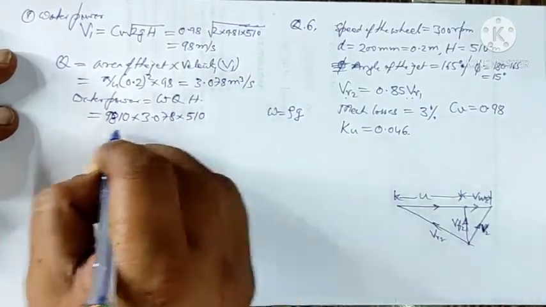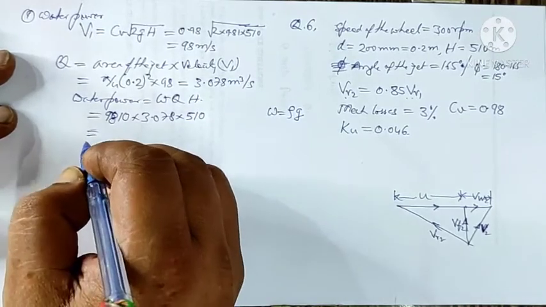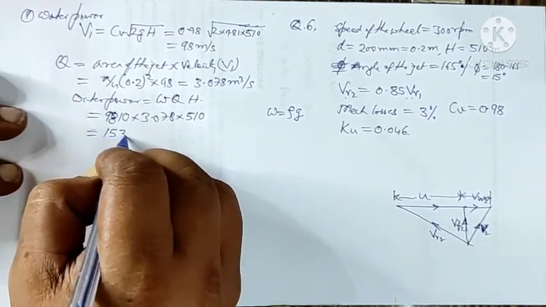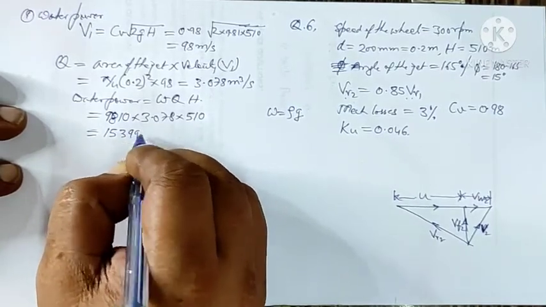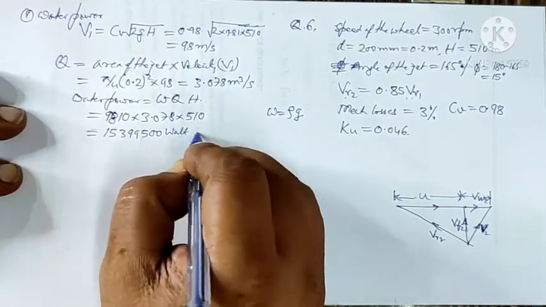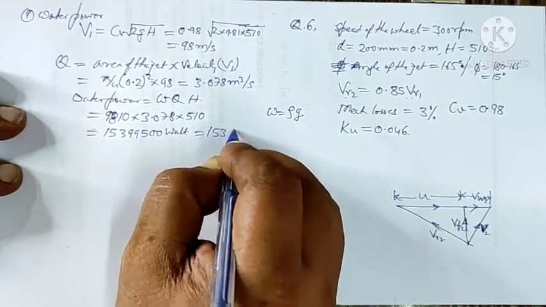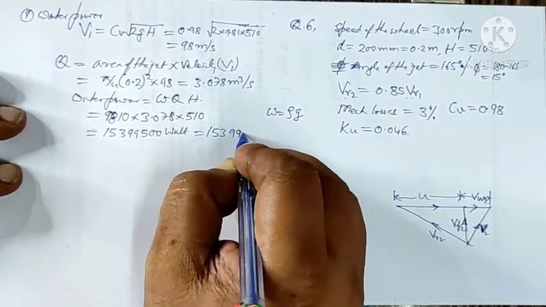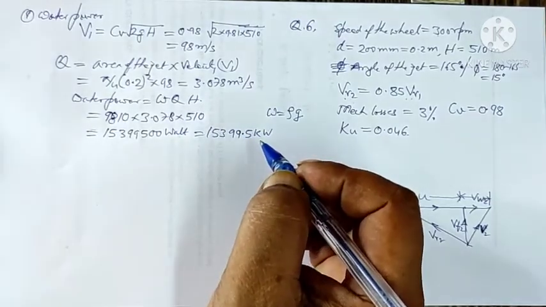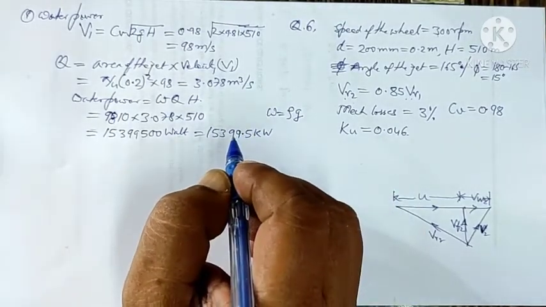So the water power comes out to be 15,399,500 watt or 15399.5 kilowatt. So that is the first part, the water power.